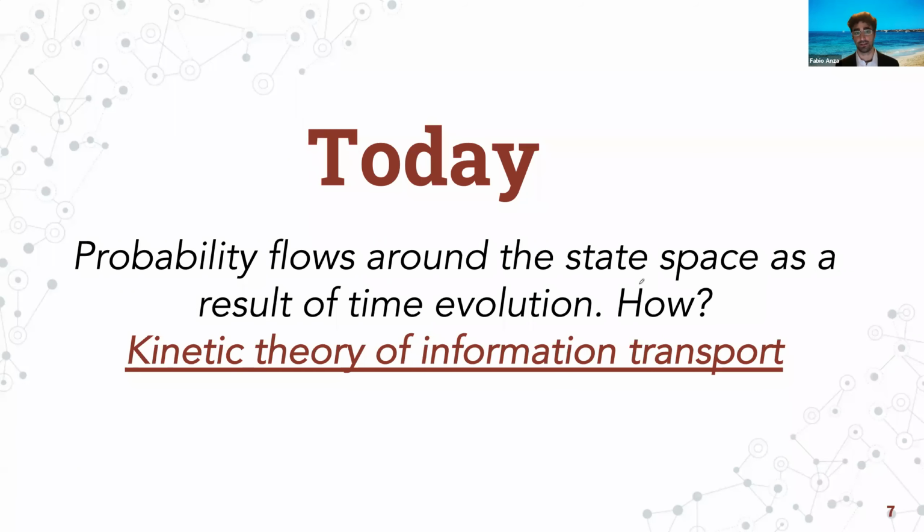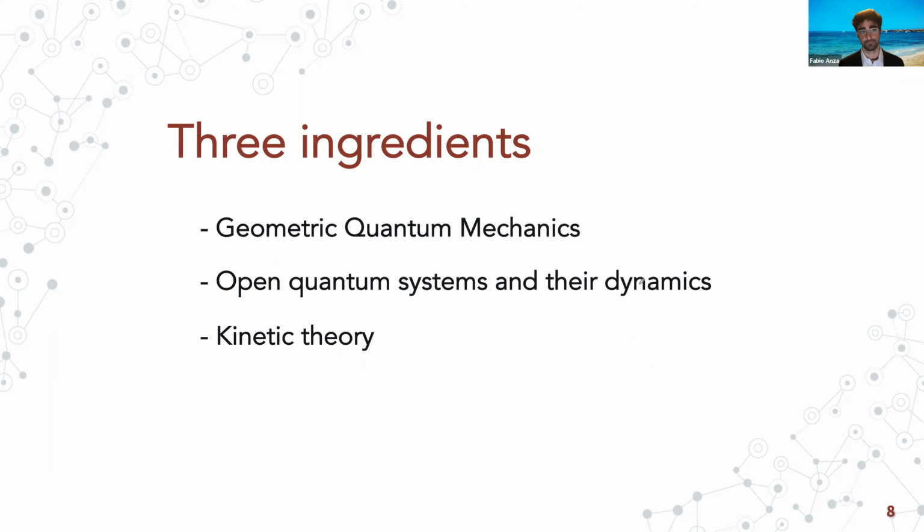going to answer a subset of questions, which goes in the direction of trying to better understand, if I have the state space of a quantum system, how probability flows around that state space as a result of the interaction between the system and the environment. The result of trying to come up with a theory for that is this kinetic theory of information transport.